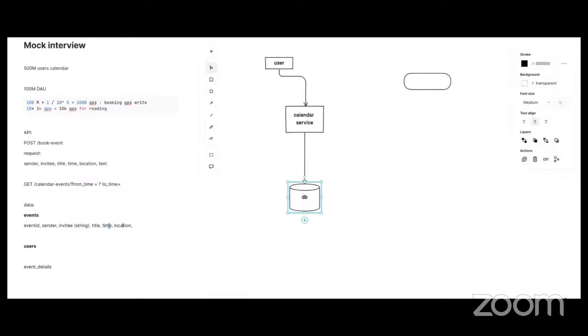So instead of a single time, we have a from timestamp and a to timestamp. We will come back to this later because there are a lot of tricky parts.